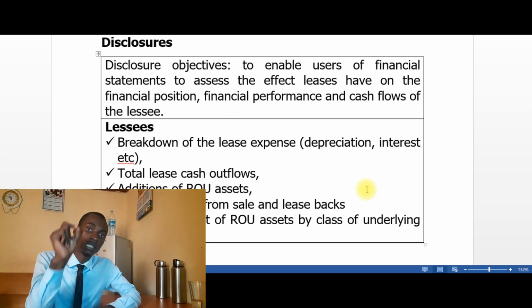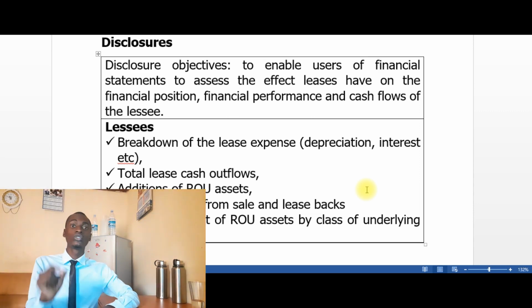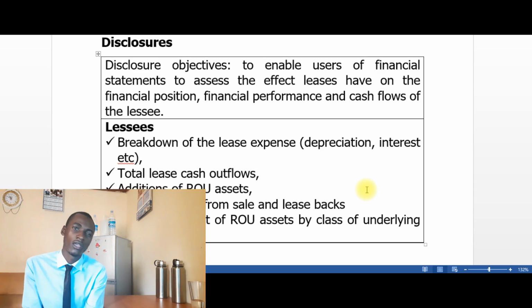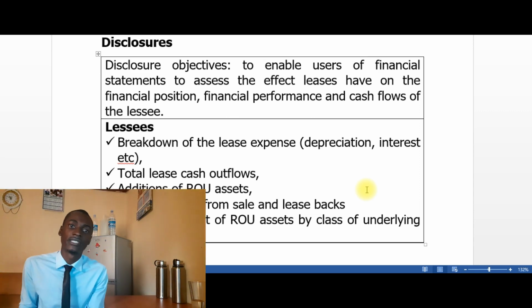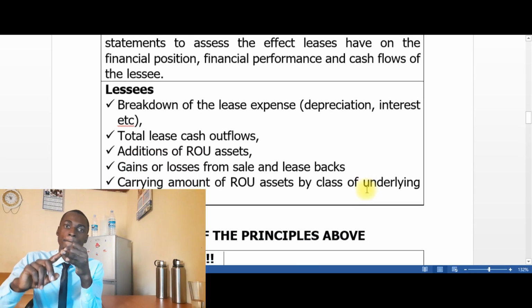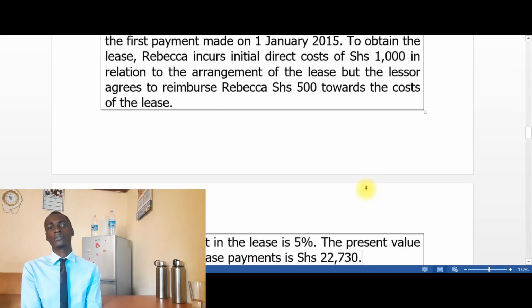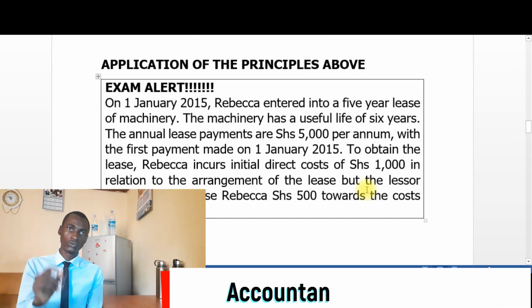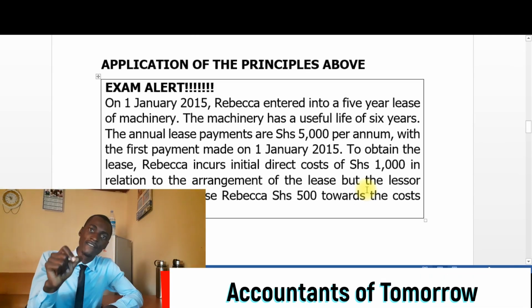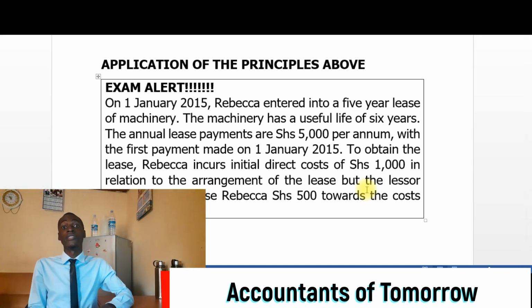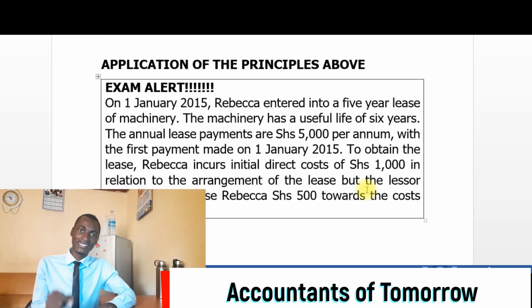The main objective of making the disclosures is to enable the users of financial statements to assess the effect leases have on the financial position, performance, and cash flows of the business. So we need to know the effect leases have on the financial position, performance, and cash flows of the lessee, because we are looking at the lessee as the reporting entity.